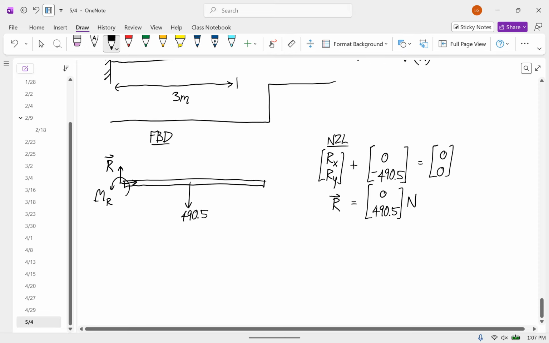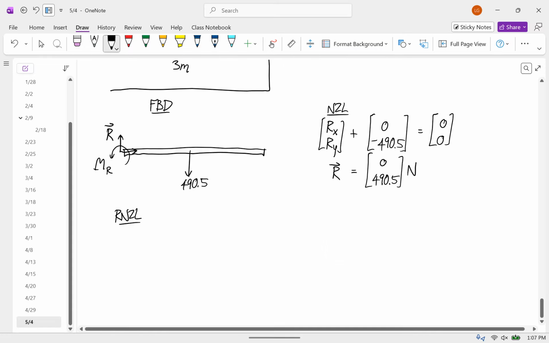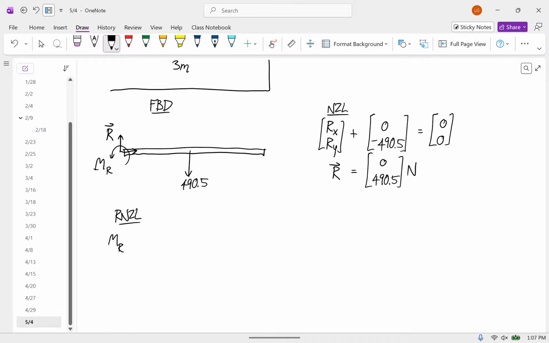And then we'll use the moment equation. I'll do my moments about this point at the left. So we have positive MR, plus or minus a moment arm of 1.5 and a force of 490.5, and that's equal to 0.